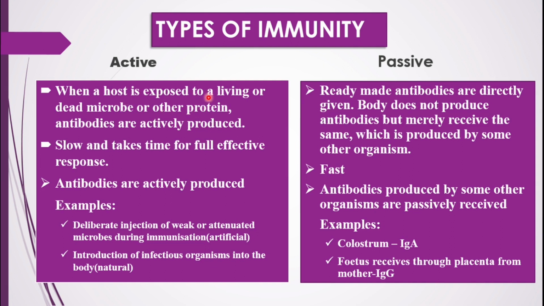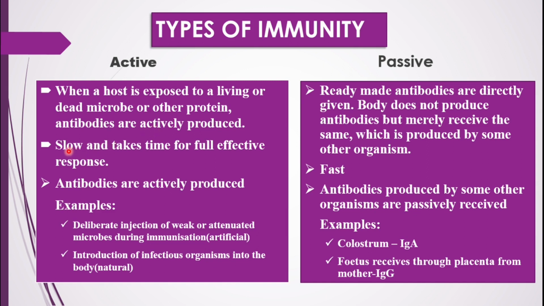If we are exposed to a living or a dead microbe, our body immediately is made aware of that particular entry of an antigen, and our body starts producing antibodies against that antigen. This type of immunity which develops in our body actively is known as the active immunity. Our body is actively involved in production of this immunity.